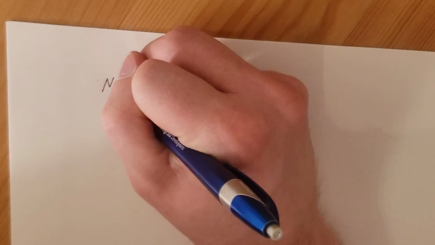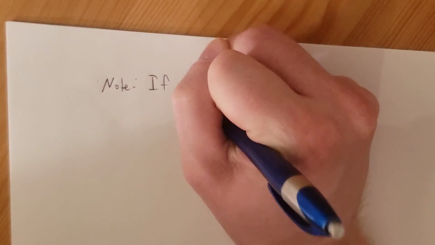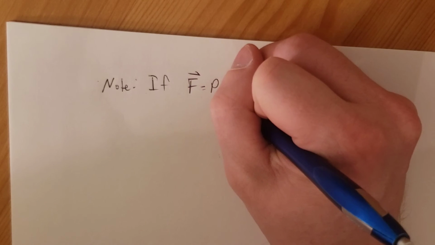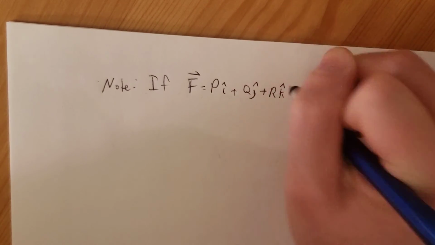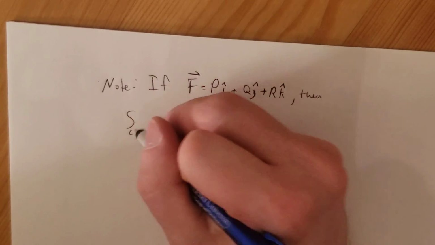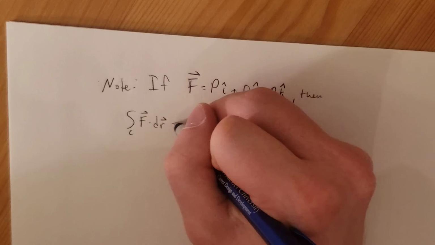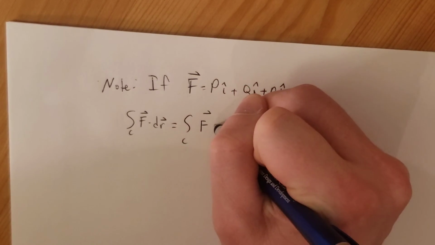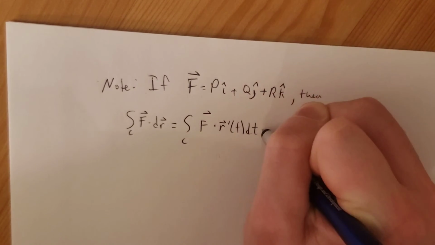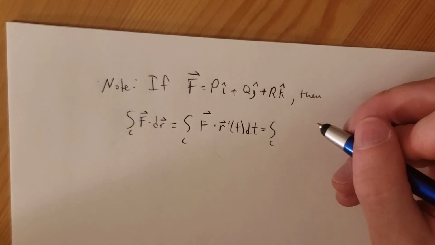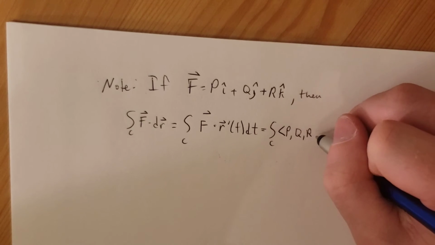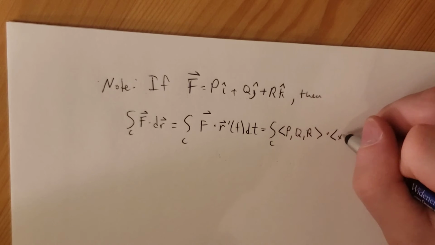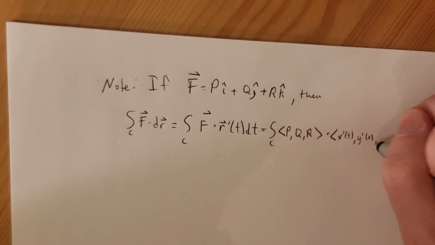That is to first note that if we have a vector field F, which we can write as Pi plus Qj plus Rk, then the integral over some curve C of F dotted with dr is equal to the integral over the curve C of F dot r prime of t dt, which is the integral over the curve C of the dot product of the vector PQR dotted with x prime of t, y prime of t, z prime of t, dt.